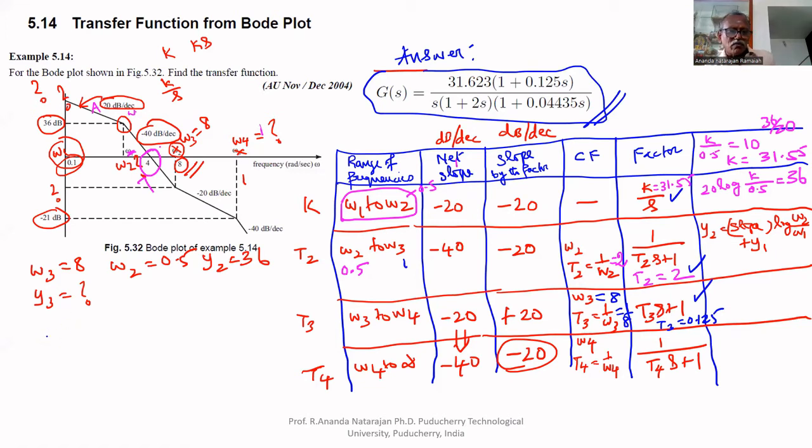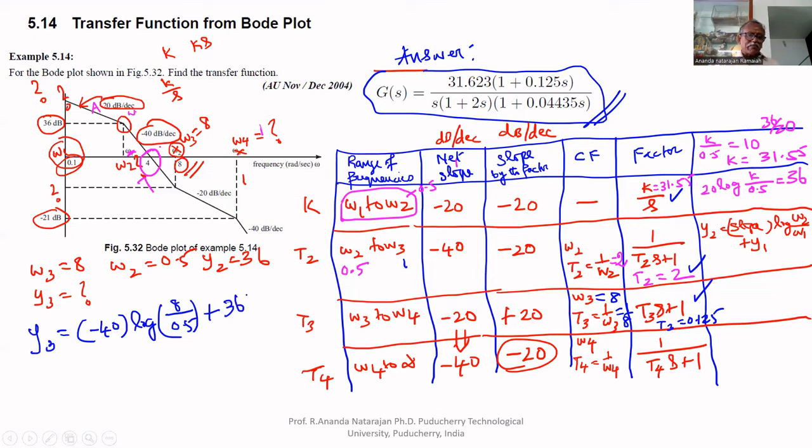Y2 we know. Therefore, y3 equal to slope. What is the slope of this line? Minus 40 dB. Minus 40 log omega 3 is 8, omega 2 is 0.5. So 8 divided by 0.5 plus the value there is 36.